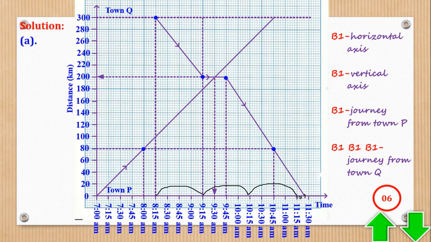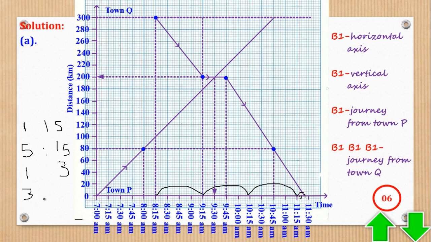Now, how do we deal with these 3 small squares? We know that the scale, they told us 1 centimeter represents 15 minutes. Okay. And 1 centimeter has 5 small squares. So 5 small squares represent 15 minutes. Meaning 1 small square will represent 15 over 5, which is 3. Okay, but for us we have 3 small squares.